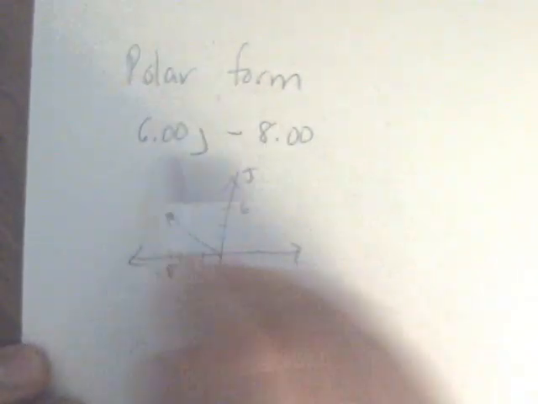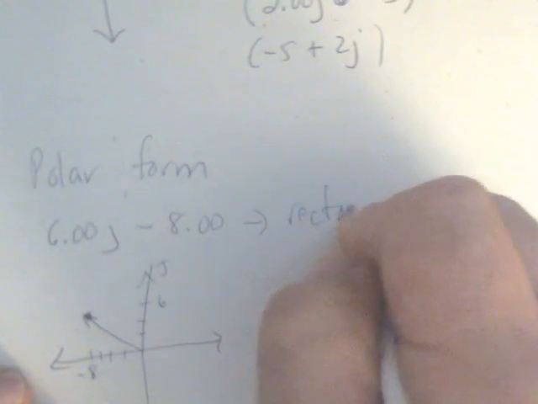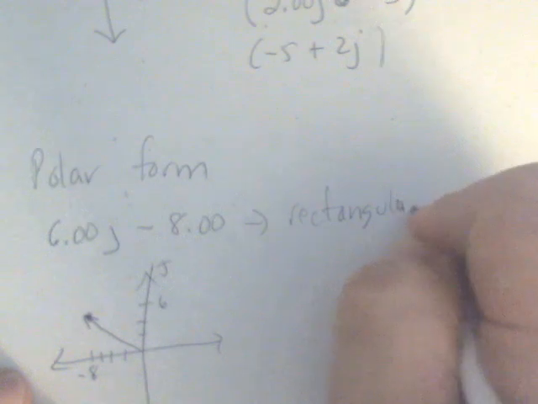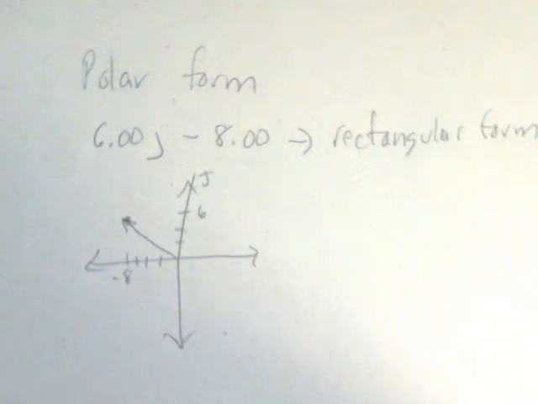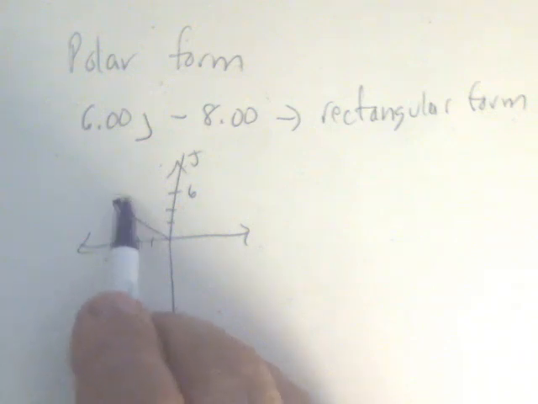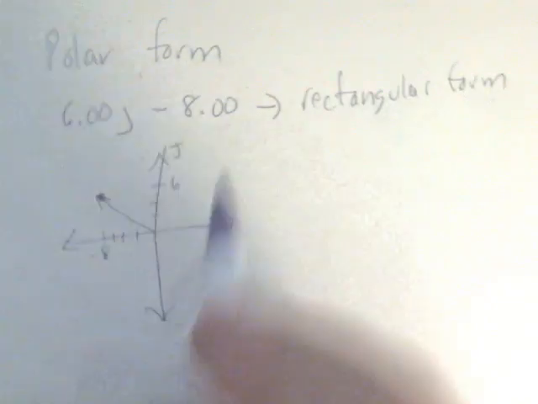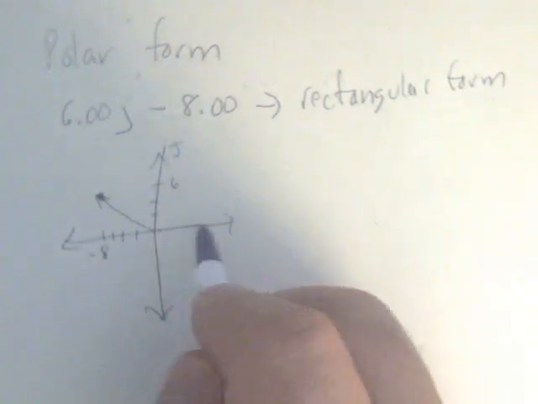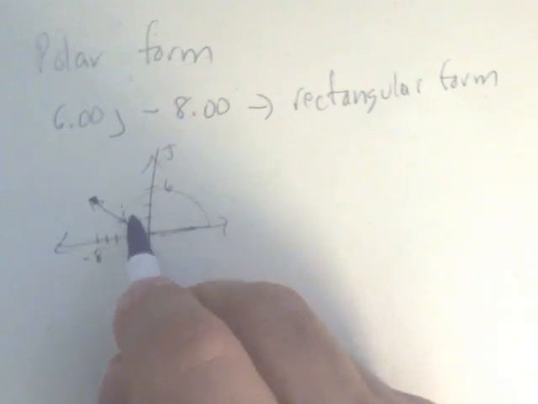Well, this right here, the 6j minus 8, is what we call rectangular form. Now, to convert that to polar form is basically the magnitude of this phasor or vector and the angle of rotation. The angle of rotation kind of always begins in the positive quadrant and goes counterclockwise.